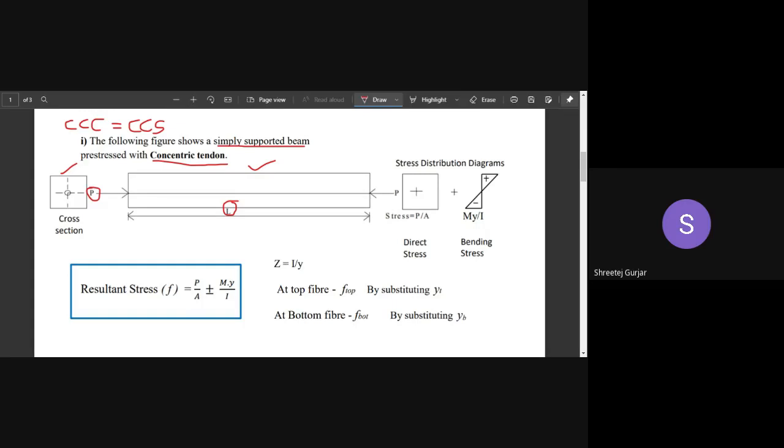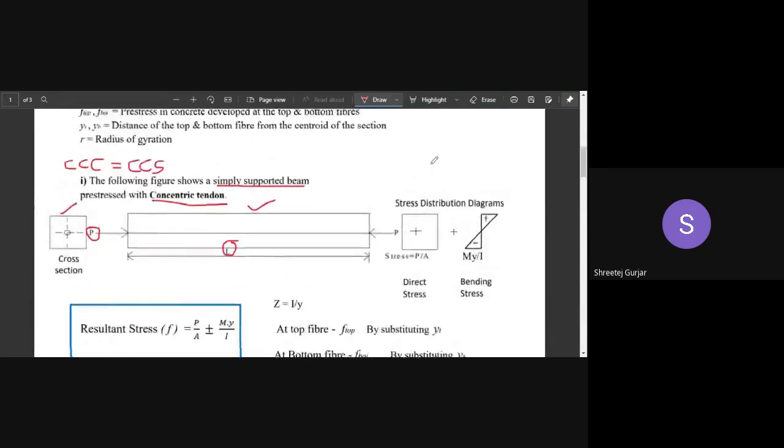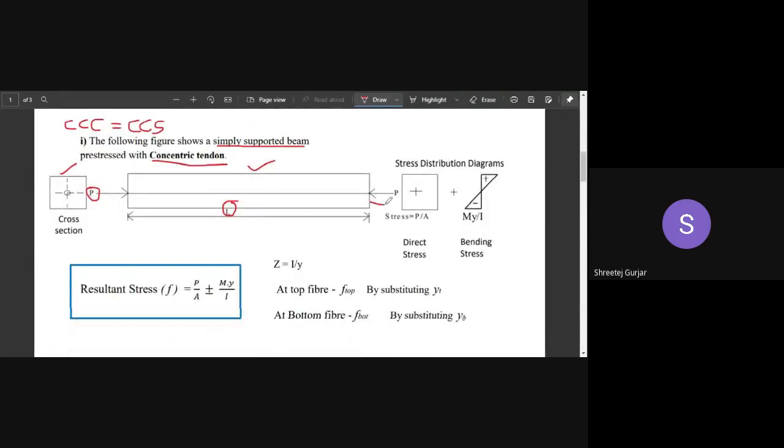Because of this pre-stressing force P, there will be some amount of compressive stress generated in your concrete, because P is compressive in nature. You can see these forces are acting towards each other. Hence, they develop compressive force in your concrete.